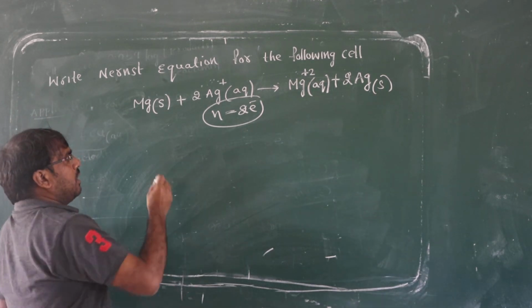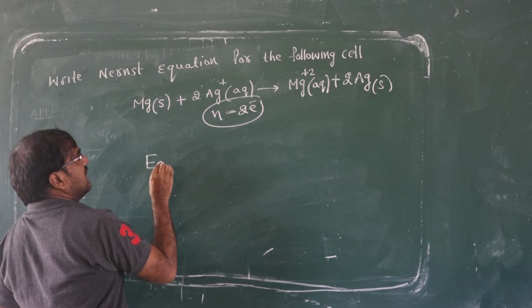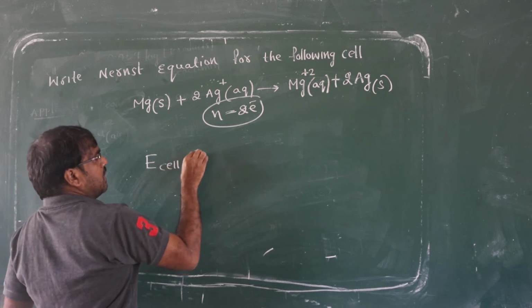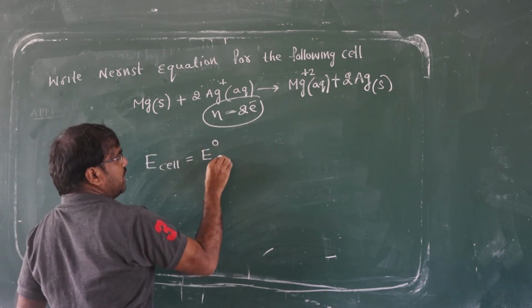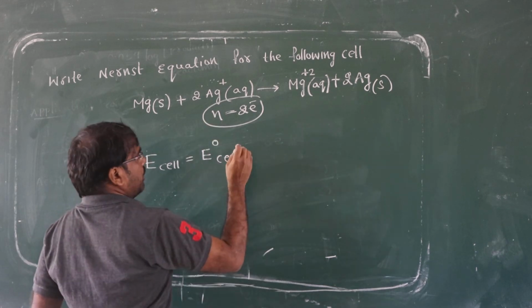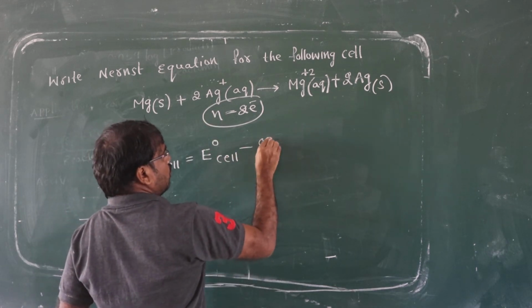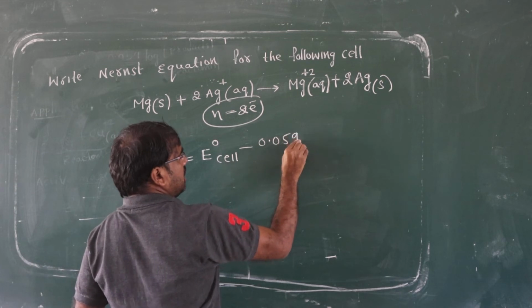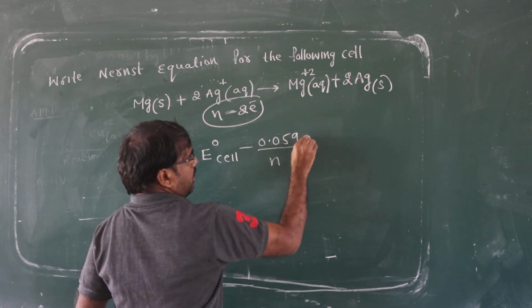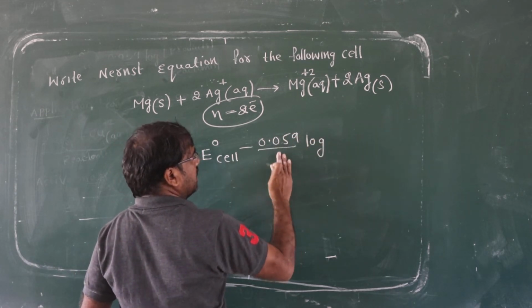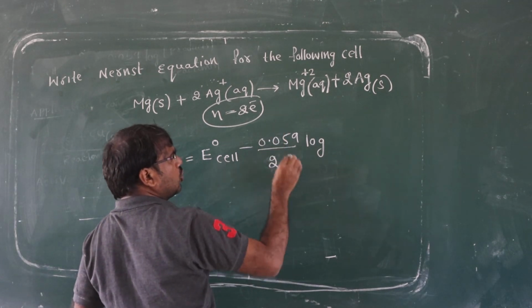Okay, now E cell is equal to E naught cell minus 0.059 by n log. In place of n, what do we have to take? 2.